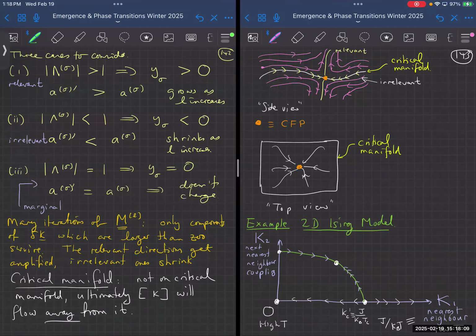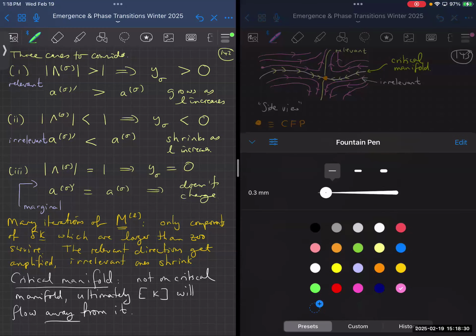So I'm only going to draw one of them here. So here's the relevant directions, and if I'm on those, then I flow away like that. So that's got to be the picture. And then I've got to join up all the dots.